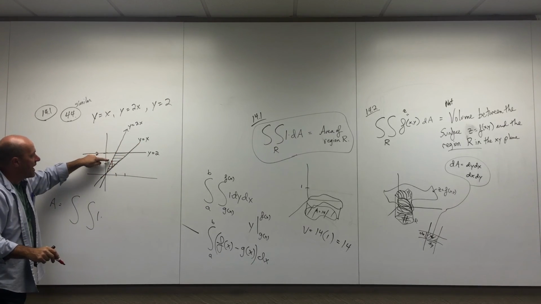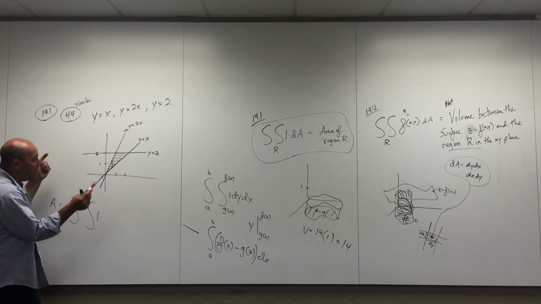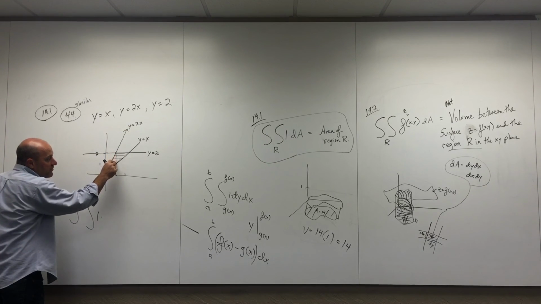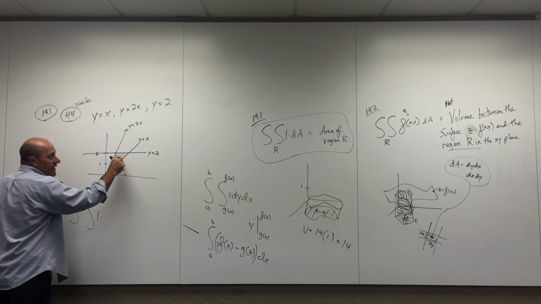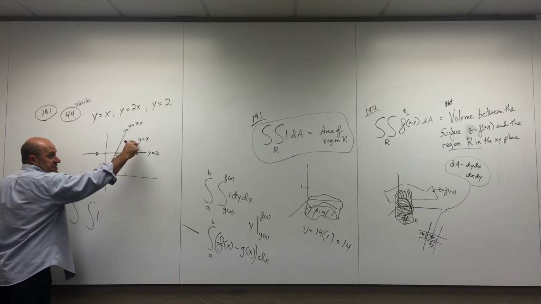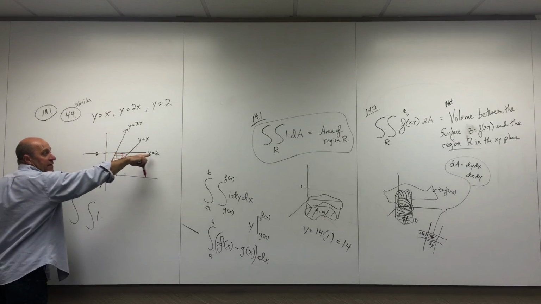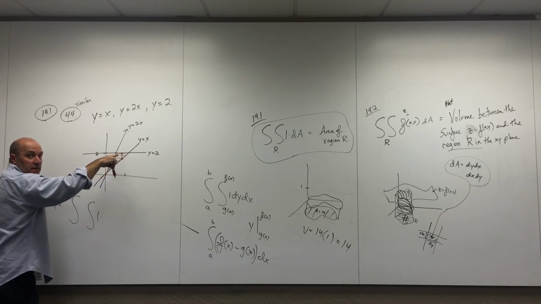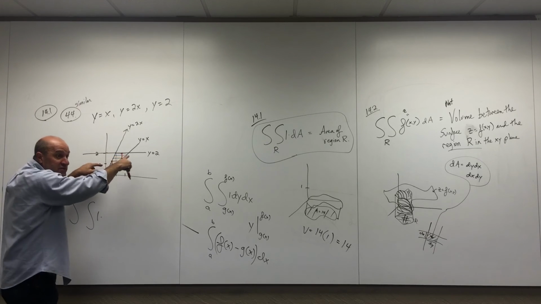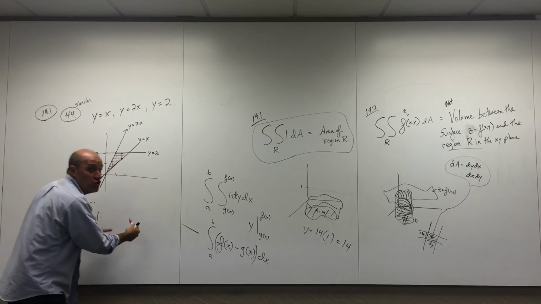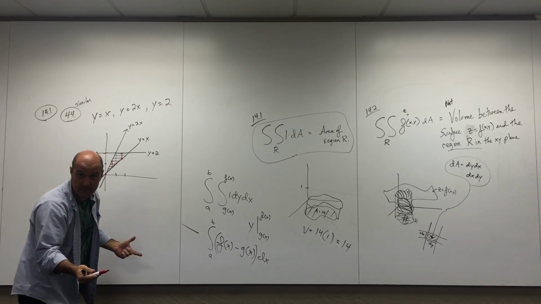I think the upper y would be y equals 2x. But that's only true up until this point. After that, I've got the same lower y, but a new upper y, called y equals 2. So 2 different upper bounds for y would require 2 separate double integrals.